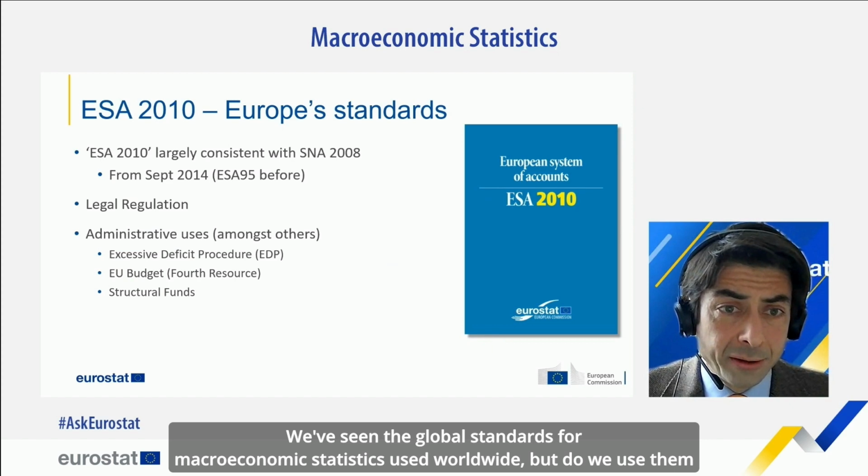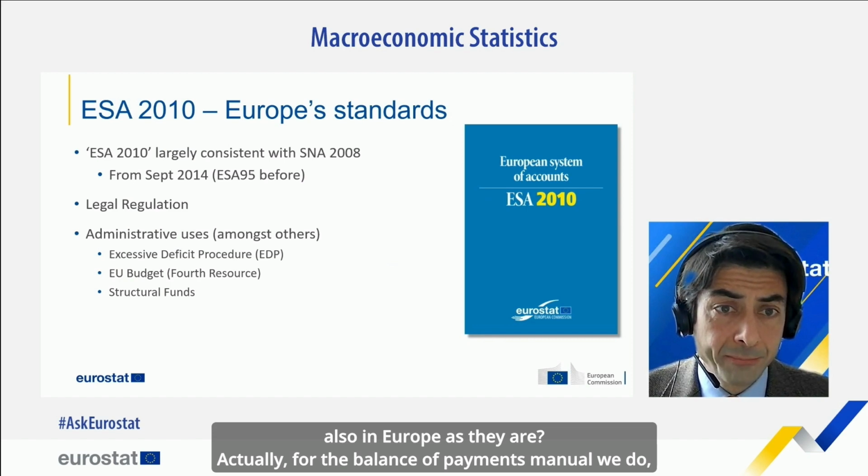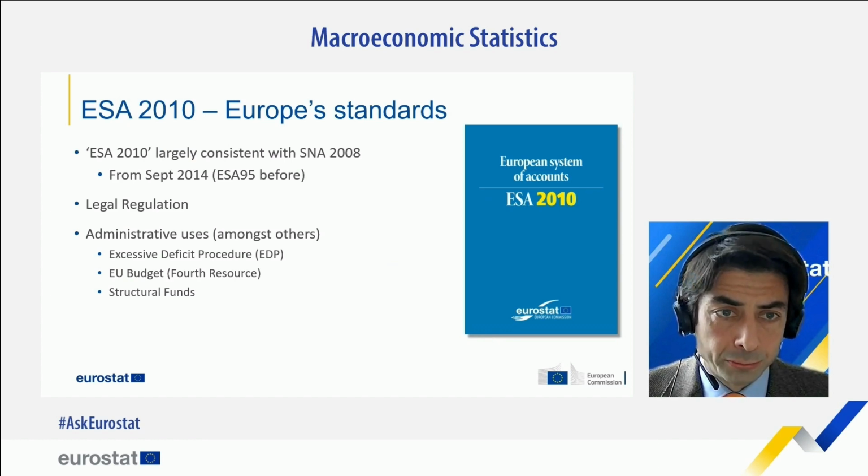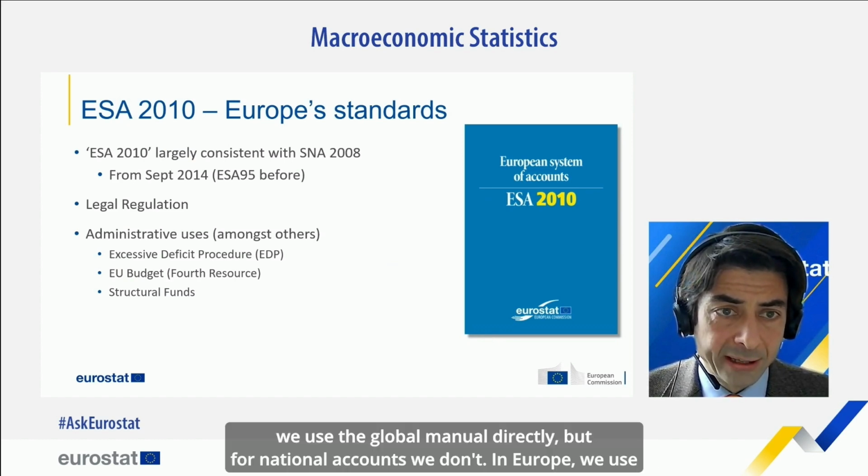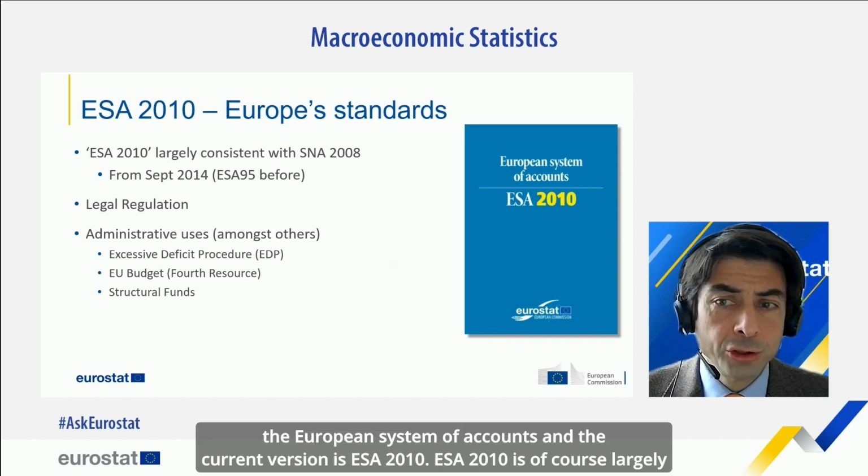We've seen the global standards for macroeconomic statistics used worldwide, but do we use them also in Europe as they are? Actually, for the balance of payments manual, we do. We use the global manual directly, but for national accounts, we don't. In Europe, we use the European system of accounts, and the current version is ESA 2010.